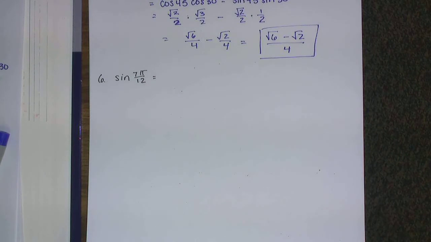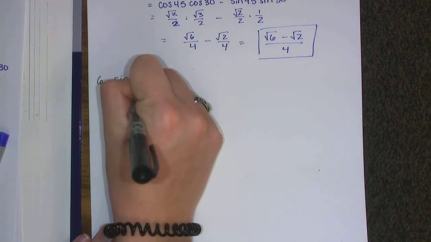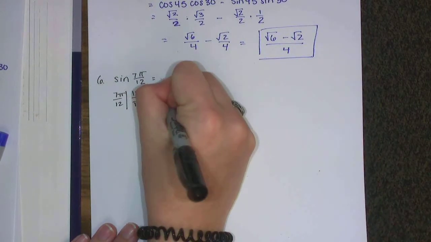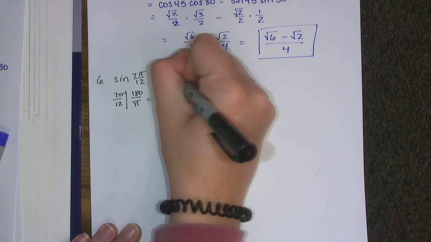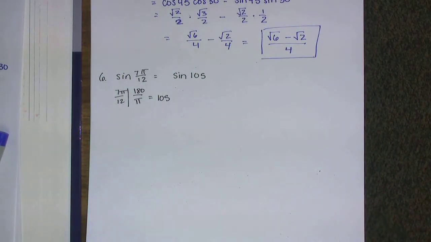So 7 pi over 12 times 180 over pi. With a calculator, you'd see that that's 105 degrees. So the sine of 105. Well, the sine of 105 is not something that we know on our circle.